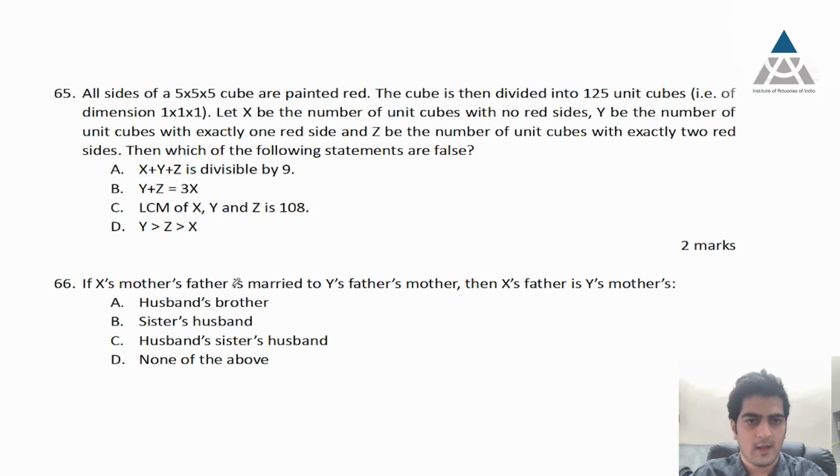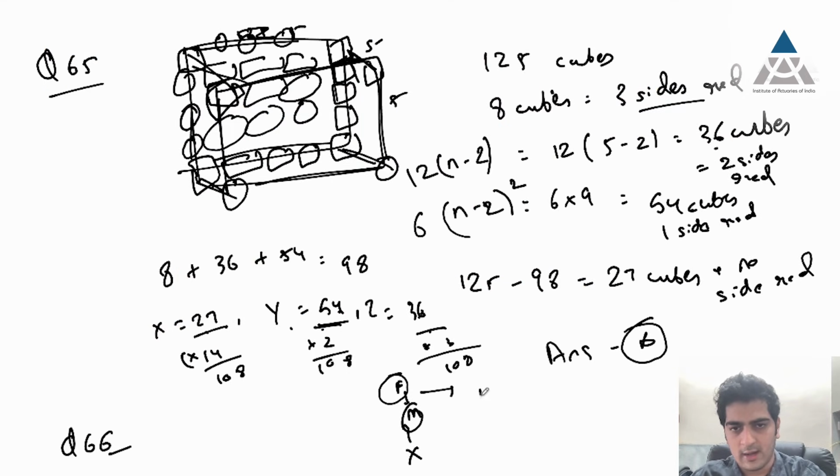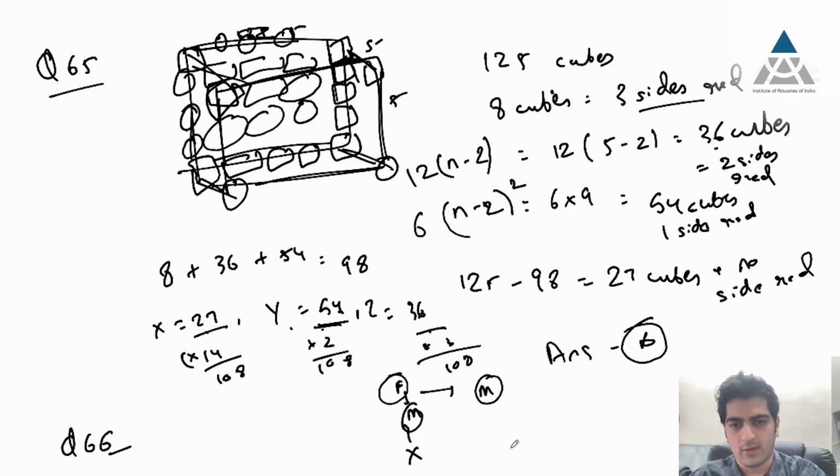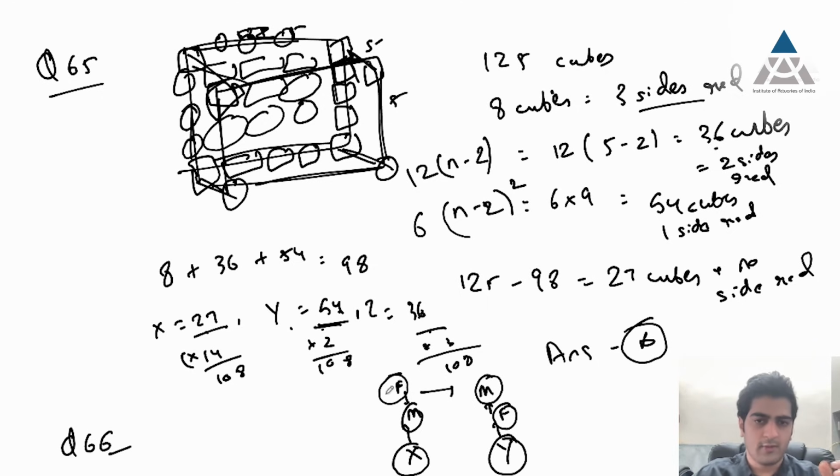Okay. And this guy is married, so this guy is married, like the mother, which would be mother's mother. So just his wife basically is y's father's mother. So y has a father whose mother is this one. Okay. So x's mother's father is y's father's mother.